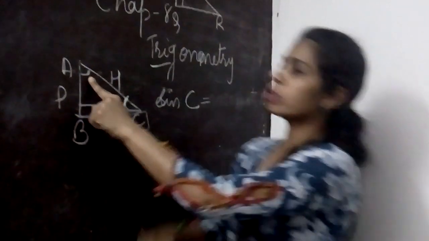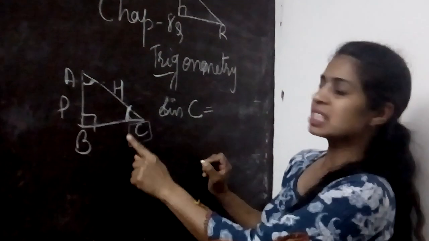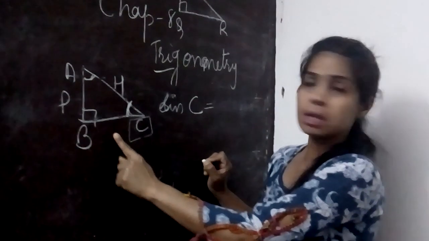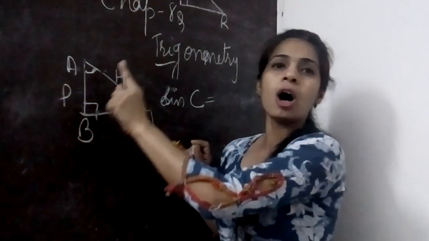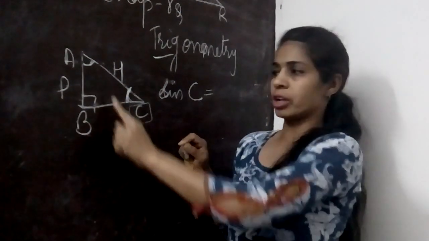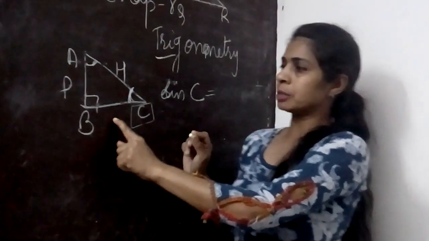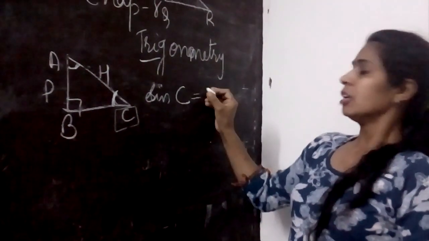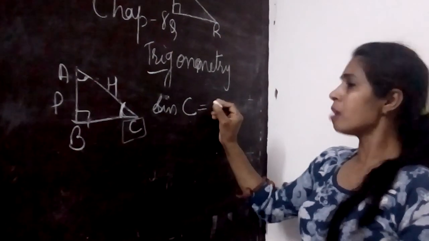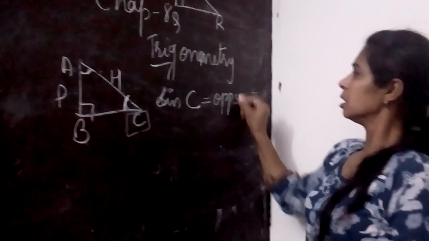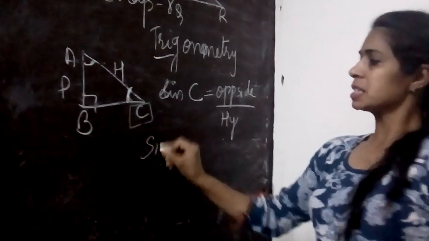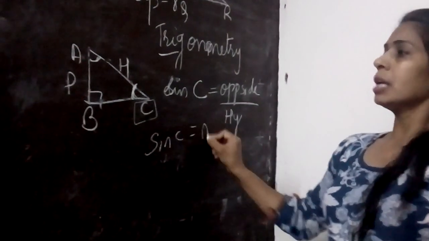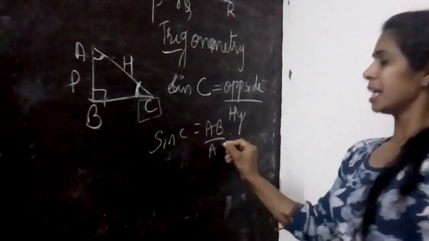But when I am talking about A, the perpendicular side will change to BC, because the side opposite to the angle we are talking about becomes the perpendicular. So sine C will be the ratio of the opposite side to the hypotenuse, that is, sine C equals AB upon AC.